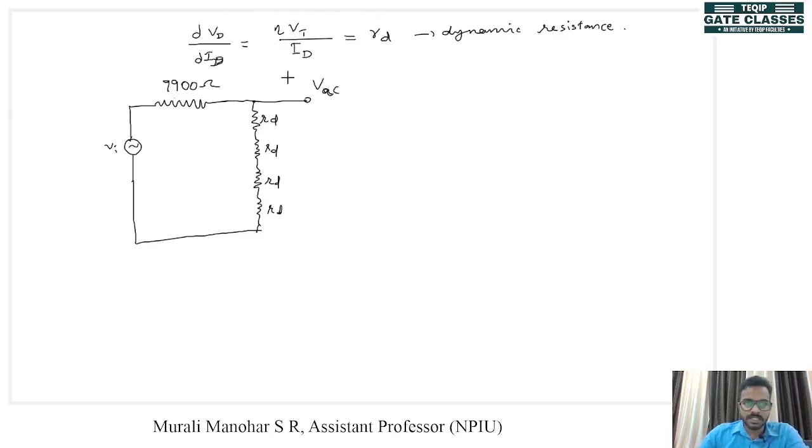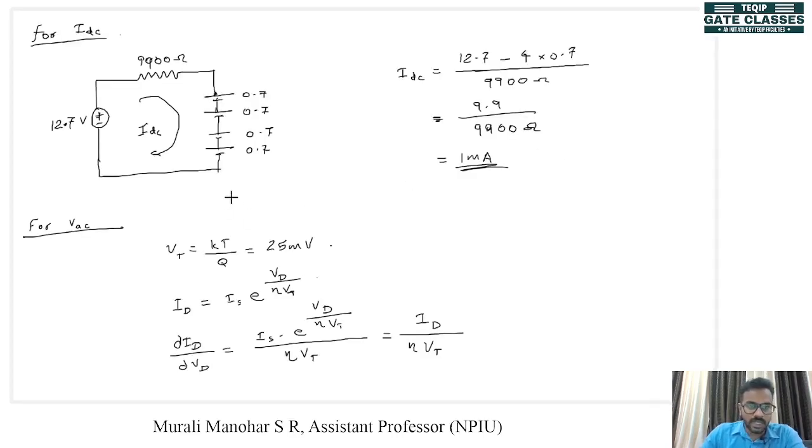Now, using this equation, that is Rd is equal to eta Vt divided by Id, we can find out the value of Rd. Rd will be eta Vt by Id. Now, eta for silicon is taken as 1. So, Rd will become Vt divided by Id. What was Vt?